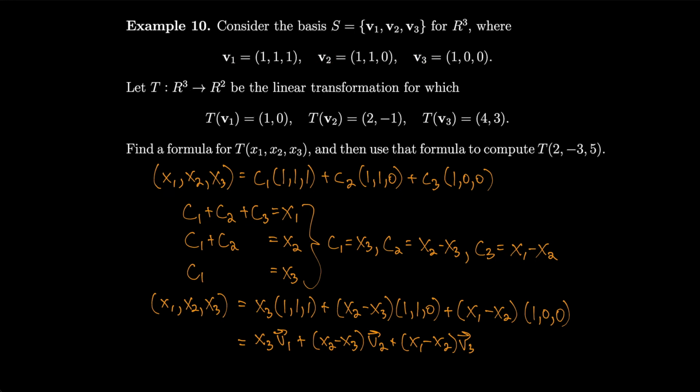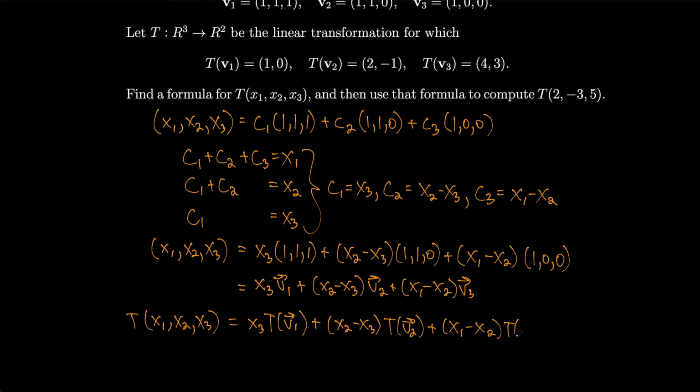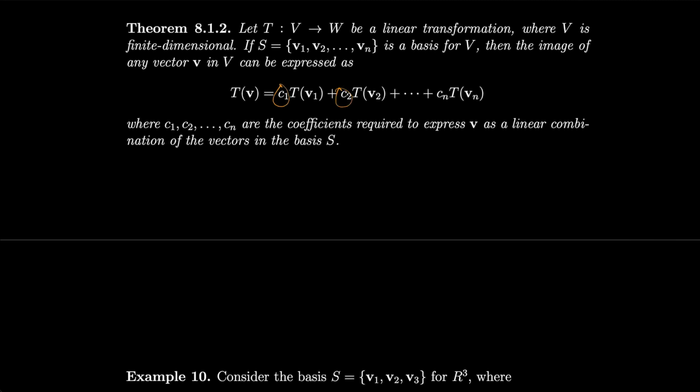representation to simplify things a little bit, because now I'm going to take T of x1, x2, x3, and set that equal to x3 times T of v1 plus x2 minus x3 times T of v2 plus x1 minus x2 times T of v3, because this previous theorem said that those coefficients c1, c2 through cn are the same ones that are required to express v as a linear combination.